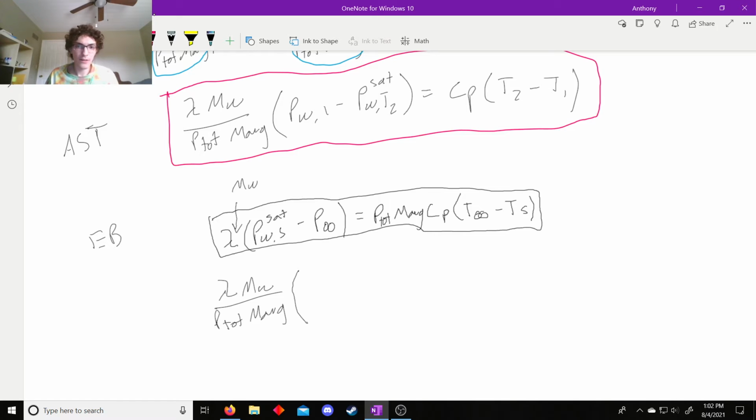And here we have our saturation pressure of water at the surface. And then that equals the heat capacity times our difference in temperature.